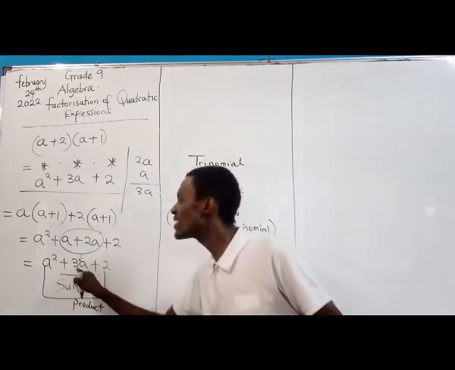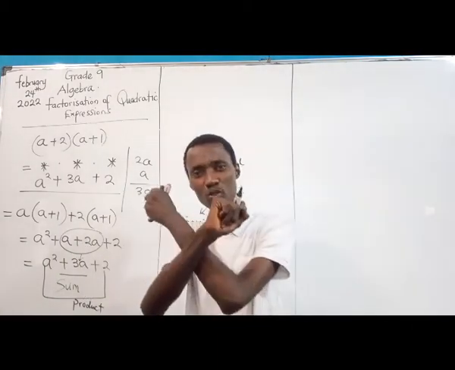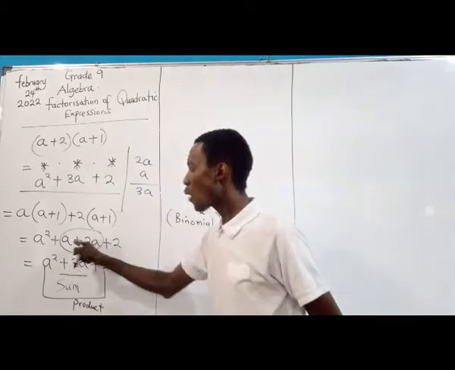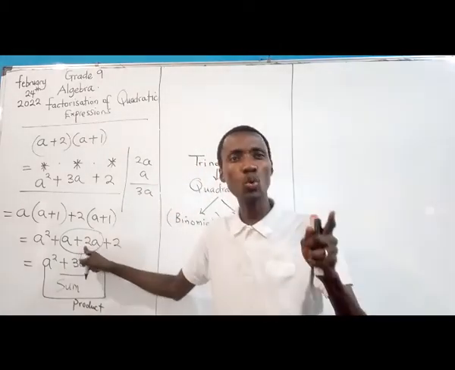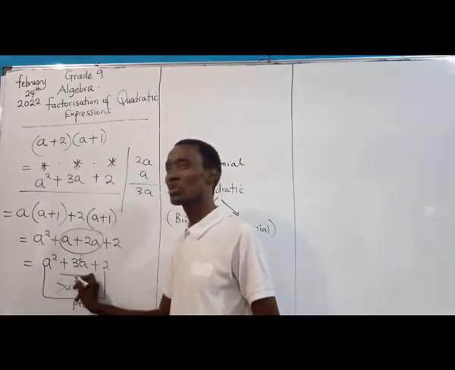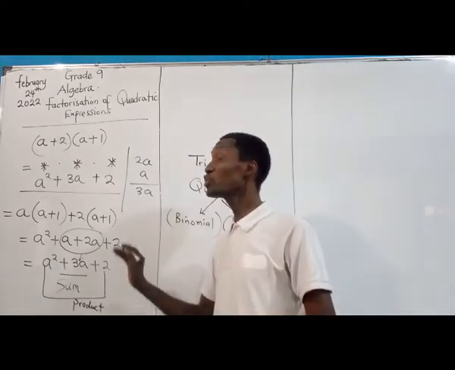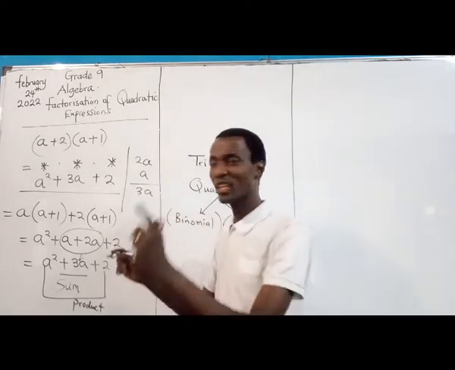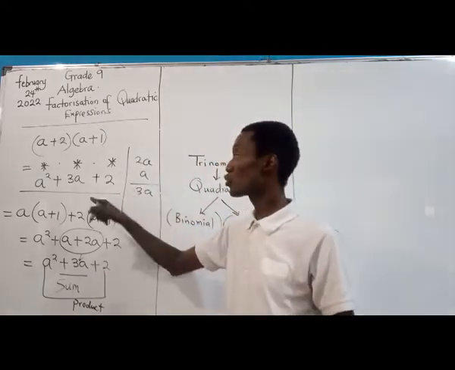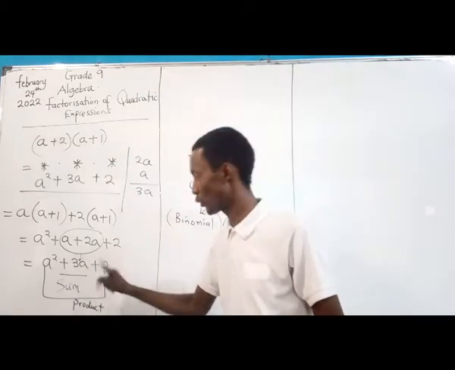Product. Now, how do I get this one? I got this from my Wakanda crossbow technique. And whatever I get here, I must do what? I must add. So I will treat this as what? Sum. We'll pause here and then we'll continue with a bigger explanation and then come back to explain in details why these concepts are very important.